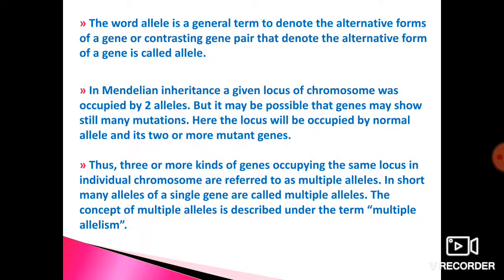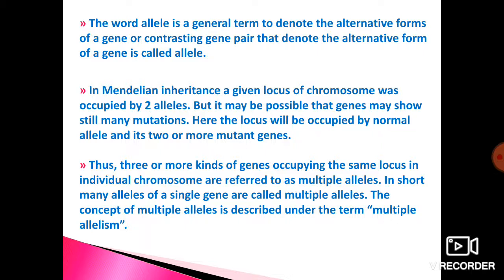And we know that every gene exists in homologous chromosomes as homologous genes and in pairs. For the same character, one gene is from the paternal side and the other gene is from the maternal side. And we say that for character X, for example, there are two alleles.